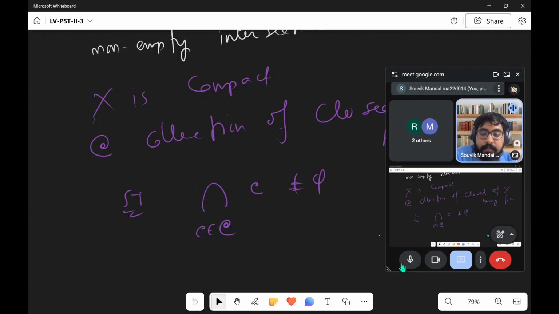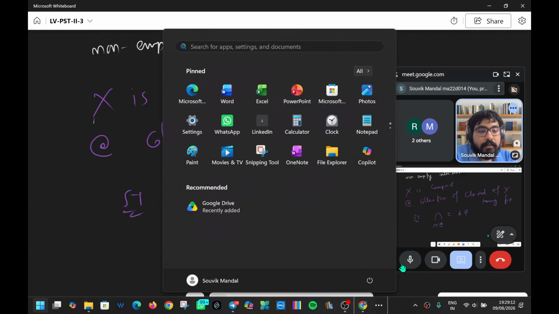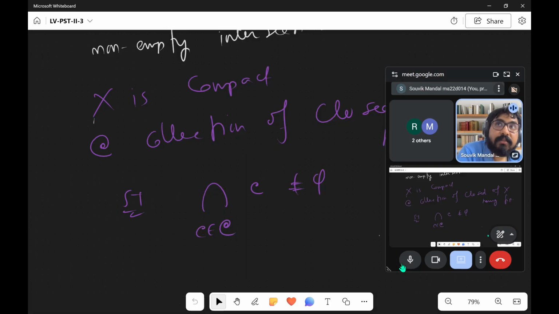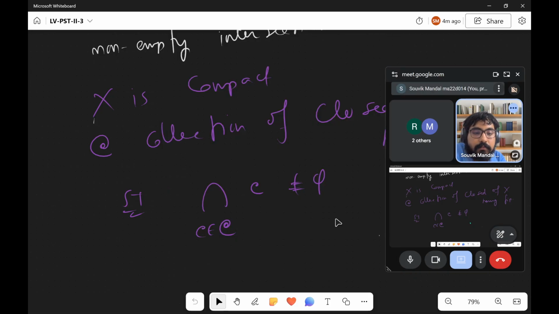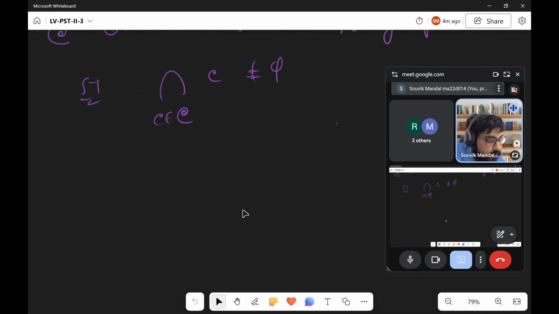Are you able to figure out how to approach this? No, sir. Okay. So basically, we need to show that this intersection of C is non-empty, that's what I need to show, right?